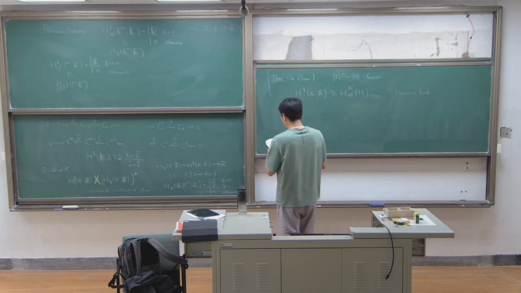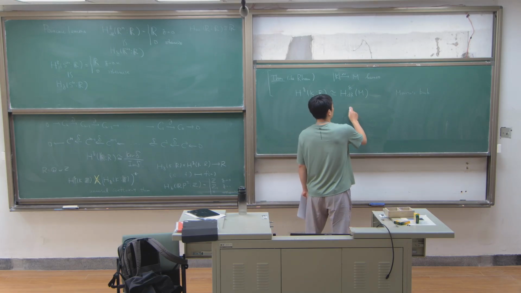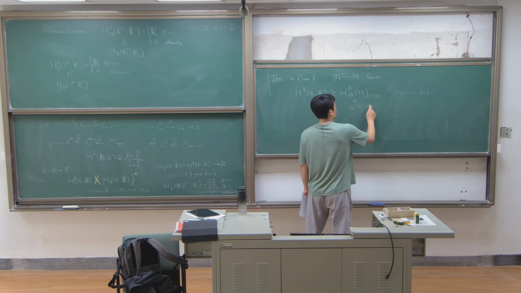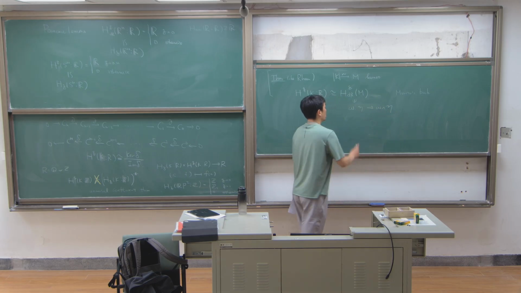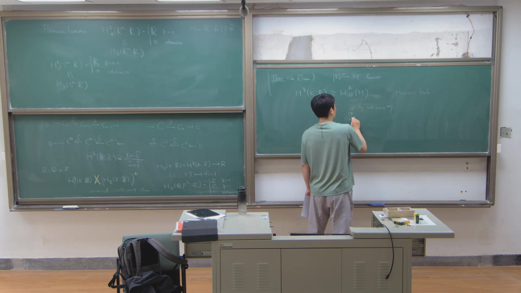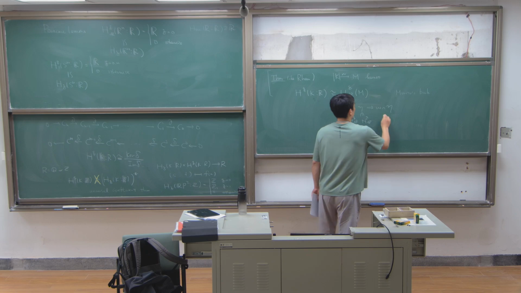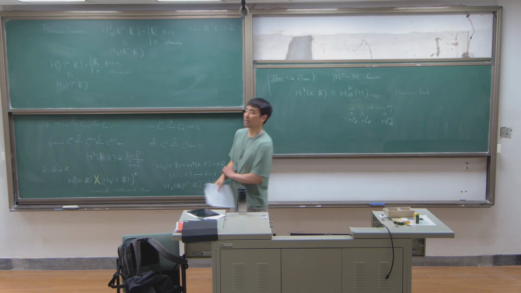The homology group, we can have some cycles, so you can define a product. So this is H^q de Rham, this is H^p de Rham, and this goes to H^{p+q} de Rham.